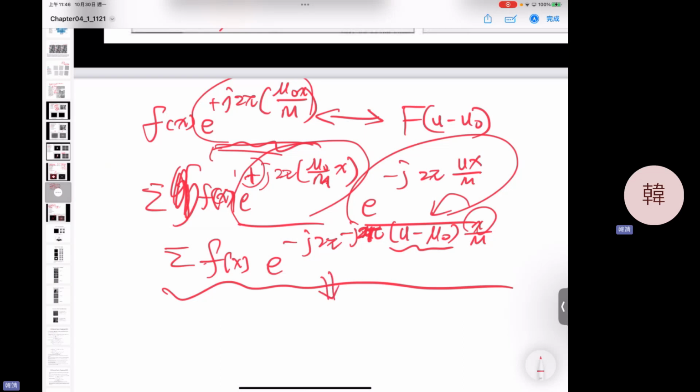So the result you can represent is F of u minus mu 0, right? There's a new parameter there. If you look at the definition, it's a transformation from x to this parameter. So if you multiply by this specific component, the result is just shifting the position.